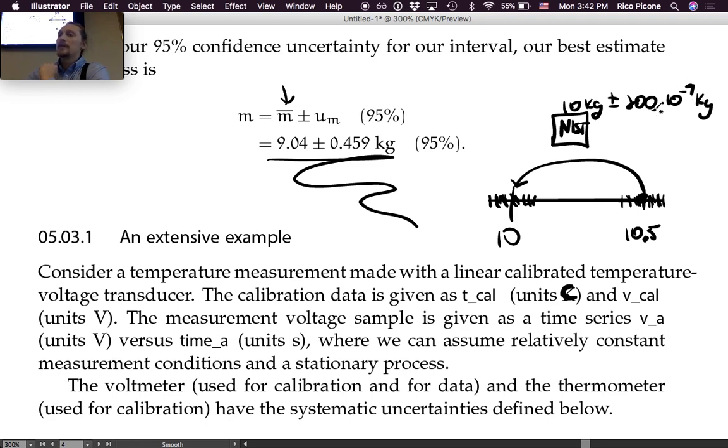So it came with its own uncertainty. So there's this uncertainty, which we called B standard. And then there's the uncertainty that you got in measuring 10.5, which I called B cal. So those were two uncertainties.